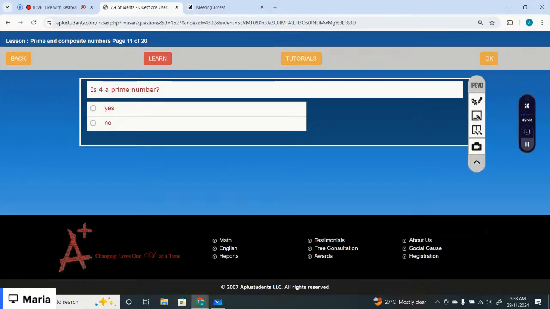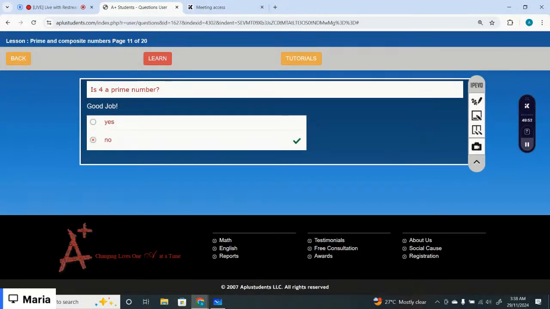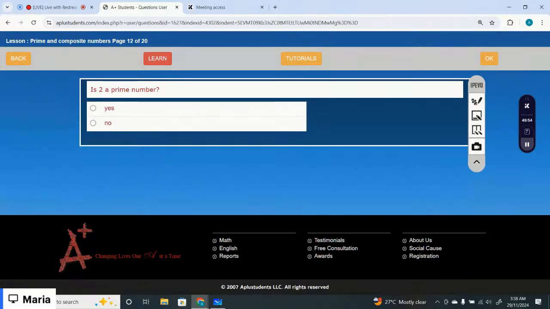The correct option is no, 4 is not a prime number. Is 2 a prime number?